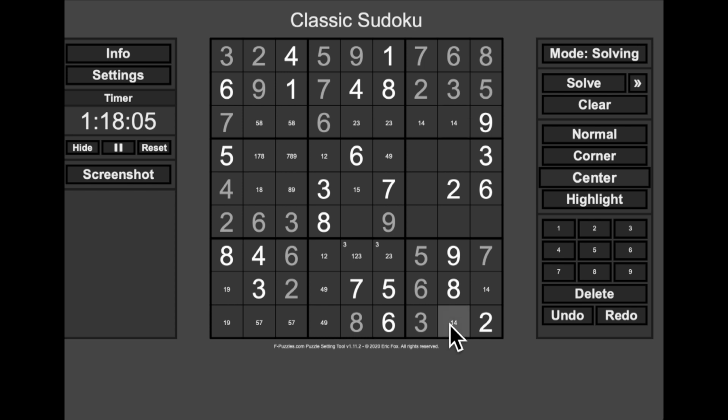If that's a 1, 4, then these cells cannot be 1 or 4. These can't be 1 or 4, but they can't be 2, 3, 6, 8, or 9 either. That's 5, 7. That's 5, 7. That's 5 and 7, and that's 5 and 9. These are 1 and 4.